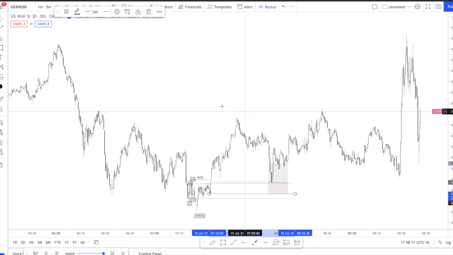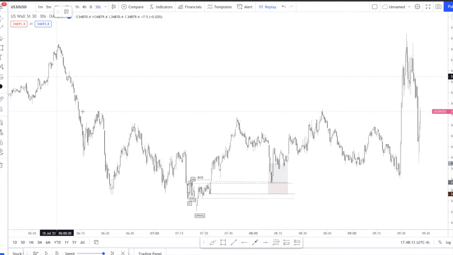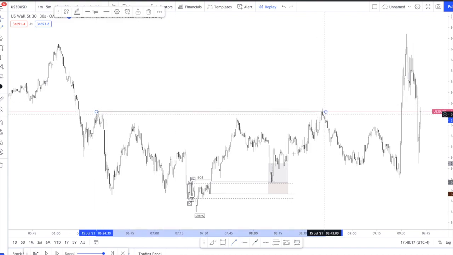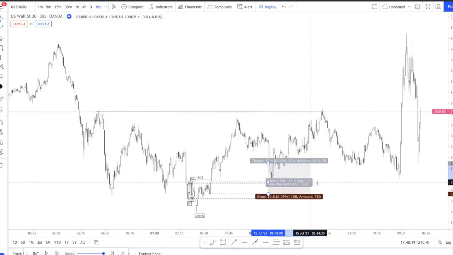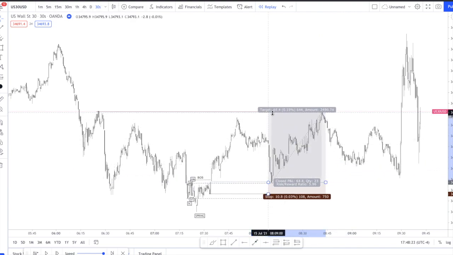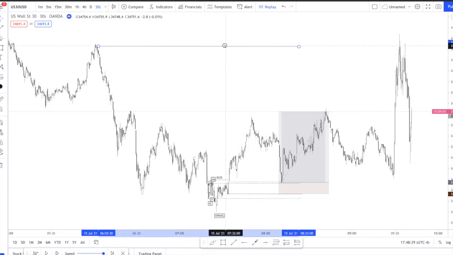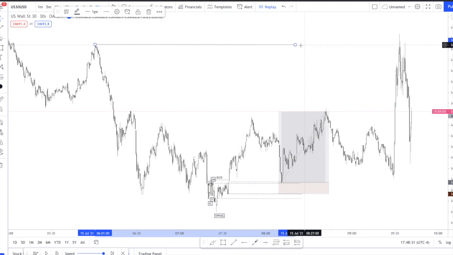Okay, so my equal highs start here. So let's see what that gives me. And I only trade 1-10s. I don't think this is a 1-10. That's a 1-6. So I'm on the lower time frame, so even though this looks far, it's clearly not.